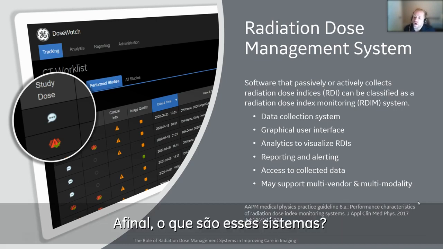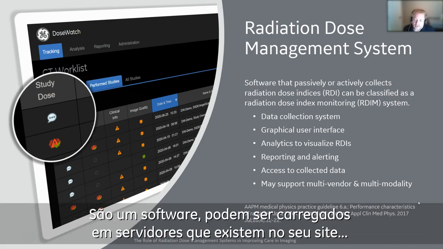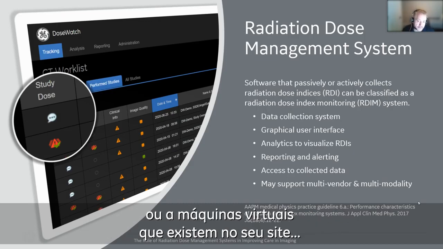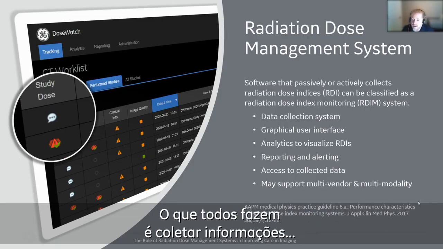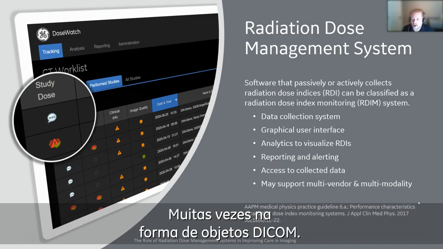So what are these systems? Well, they are software. They may be loaded onto servers at your site, onto virtual machines at your site, or they could exist in the cloud. But what they all do is collect information about imaging procedures, often in the form of DICOM objects.